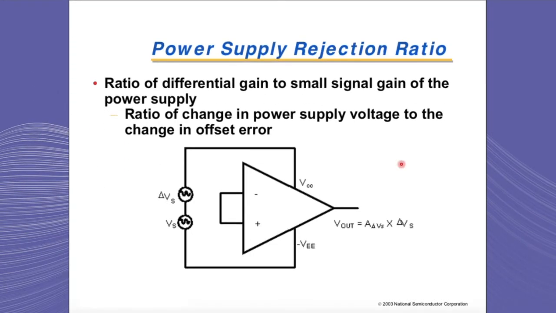The next parameter we're going to be talking about is power supply rejection ratio. Power supply rejection ratio, or PSRR, is the ratio of differential gain to small gain of the power supply. Another way to look at it is the ratio of change of the power supply voltage to the change in offset error.